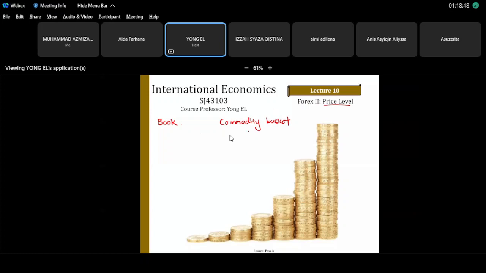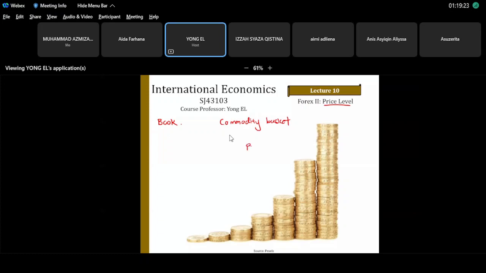But what does it mean by commodity basket here? Commodity basket means a variety of goods and services that people consume in a country. So this variety of products, including goods and services, are within one basket. We call them a commodity basket.